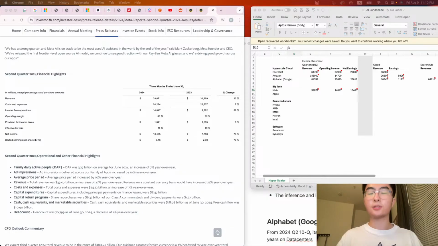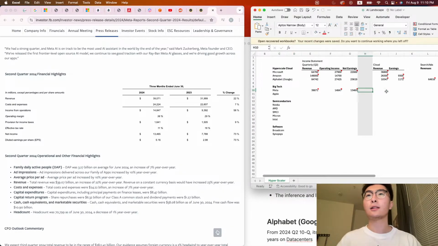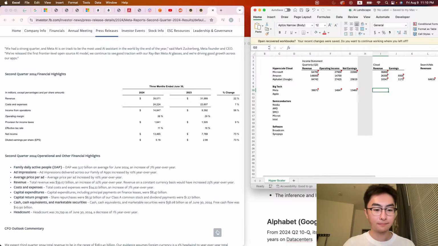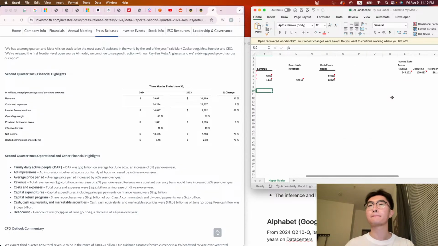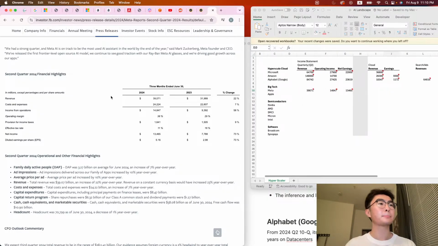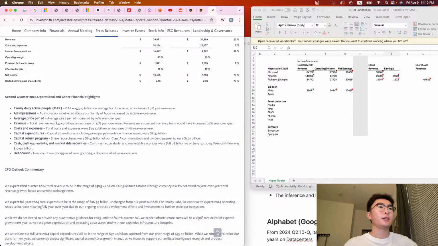It's pretty solid. Now let's take a look at what they had to say. So daily active people, ad impressions. I guess these are different metrics that they have. Small payments on finance leases. Total revenue was 39 billion, increased.